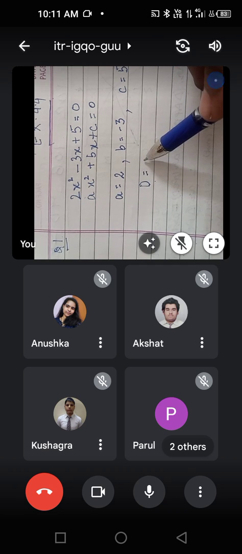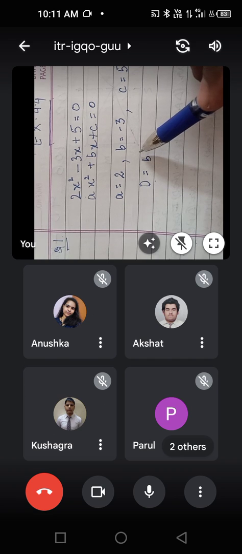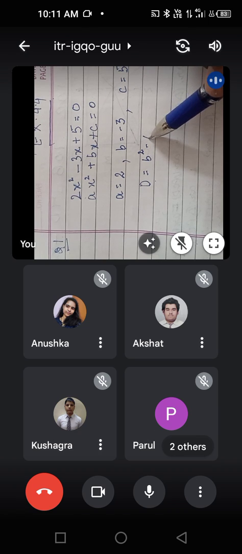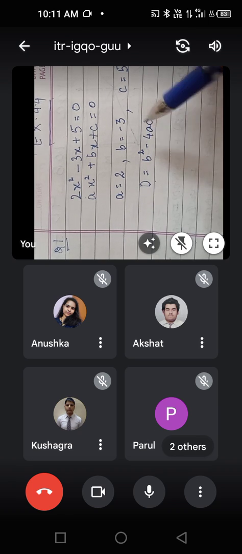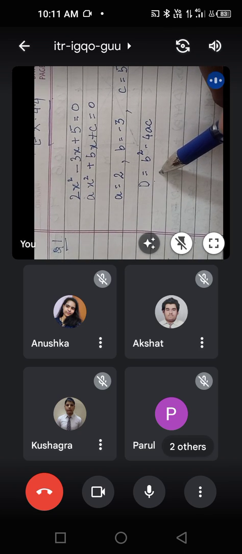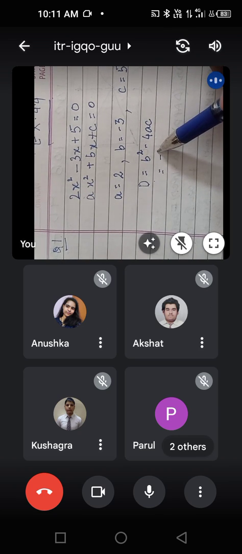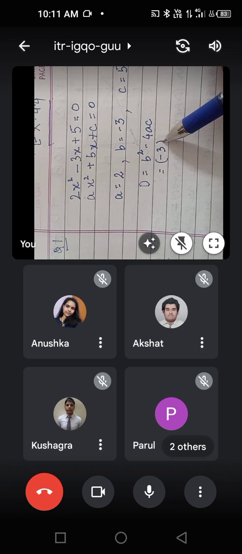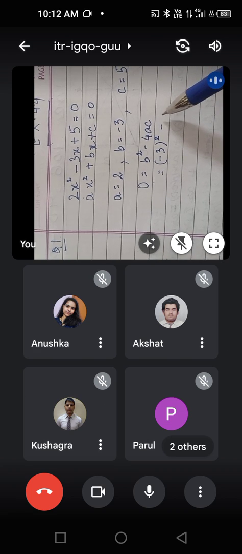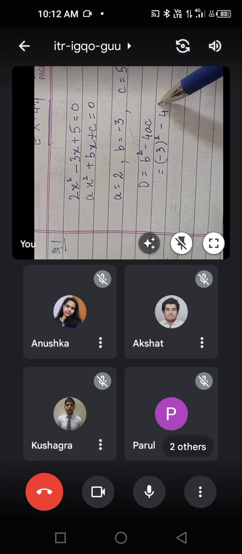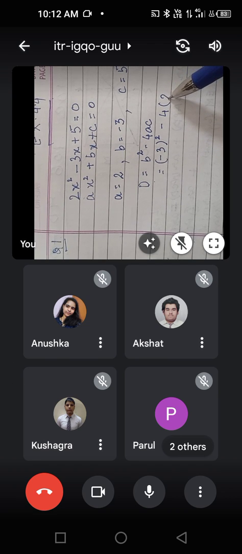is equal to b square minus 4ac. So that equals minus 3 square minus 4, a is 2, and c is 5.